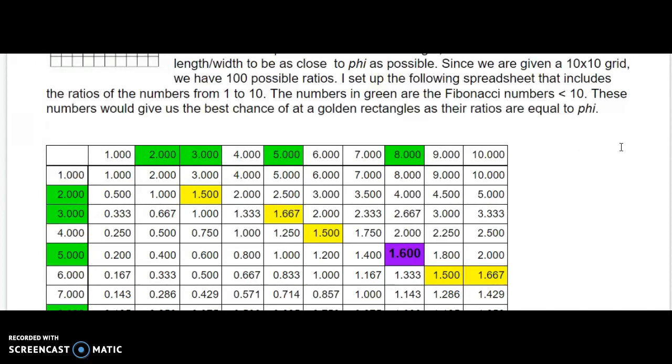So we have 4 Fibonacci numbers from the Fibonacci sequence that are less than 10 that are in our chart. And so I realized that these numbers would give us the best chance of a golden rectangle, as their ratios are equal to phi.